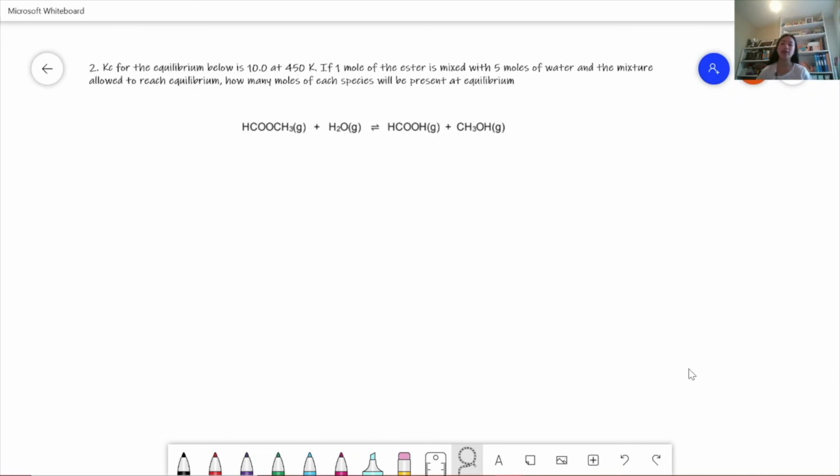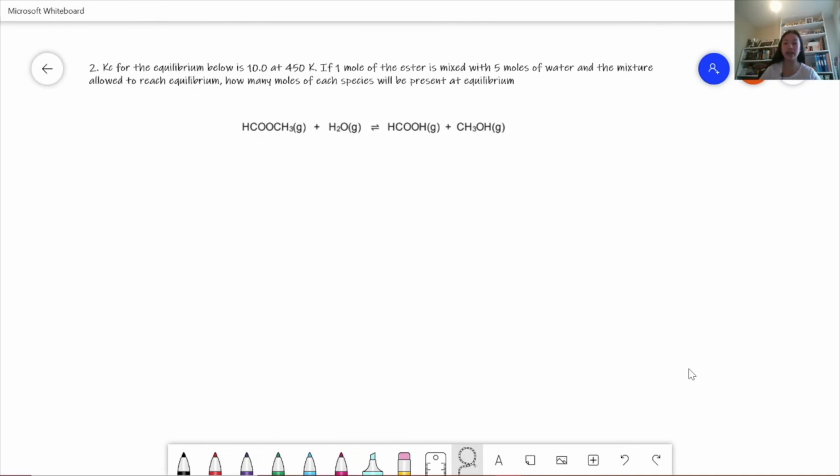So Kc for the equilibrium below is 10 at 450 Kelvin. If 1 mole of the ester is mixed with 5 moles of water and the mixture allowed to reach equilibrium, how many moles of each species will be present at equilibrium?